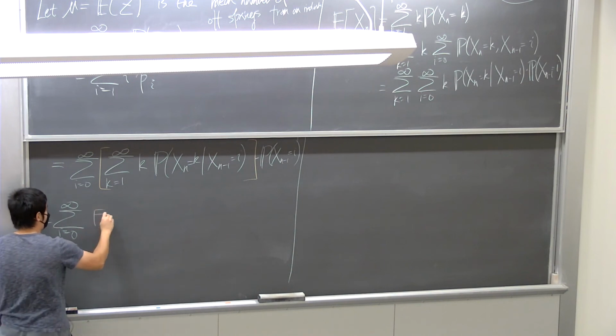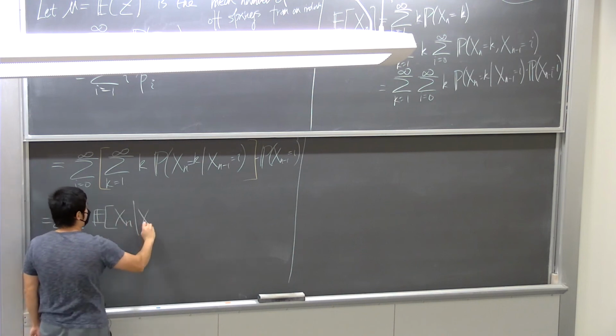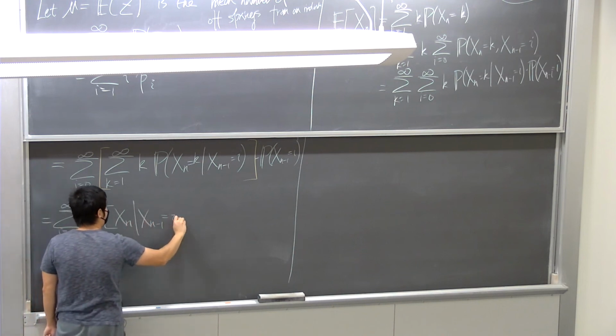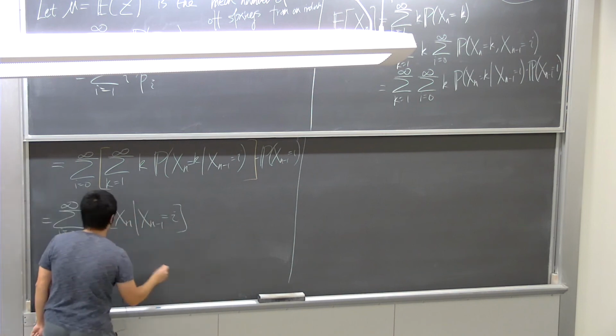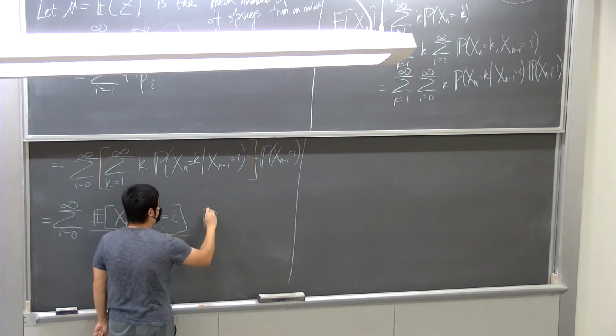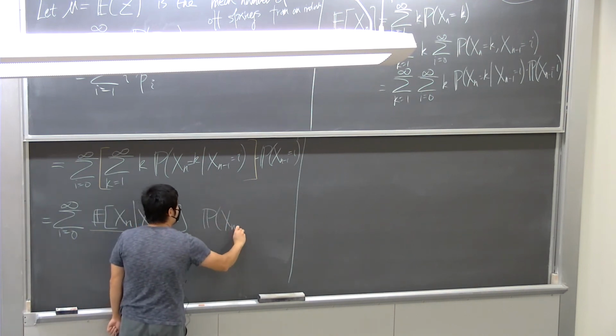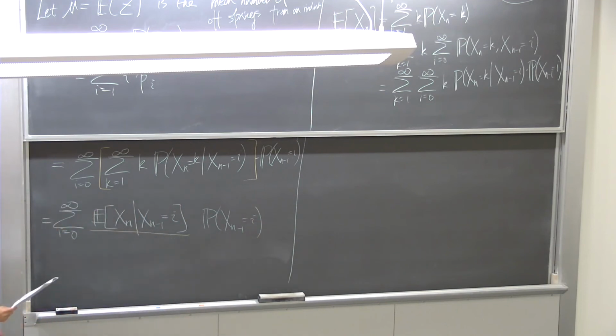By definition, it's the expectation of X_n given X_{n-1} is i. And then we're going to multiply by the probability that X_{n-1} is i.